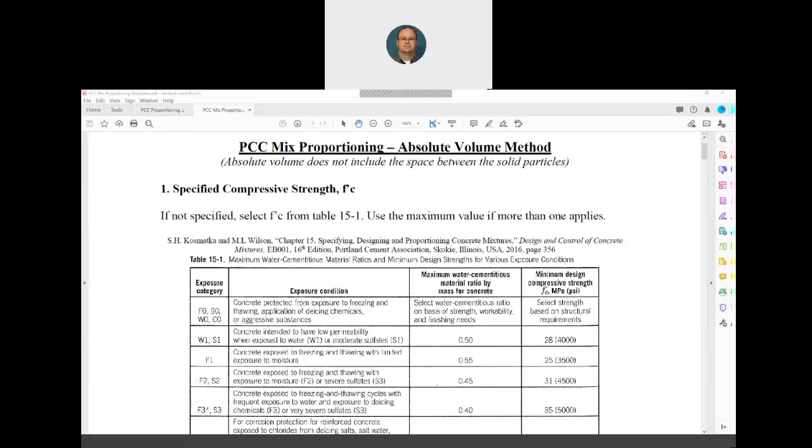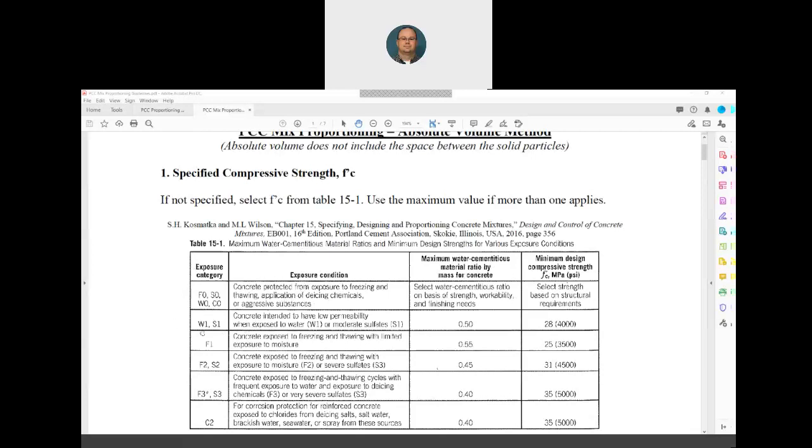Let's look at exposure categories W1 and S1. Concrete intended to have low permeability when exposed to water, W1, or moderate sulfates, S1. Where would low permeability apply?